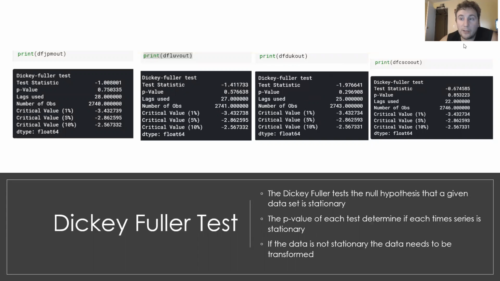But we've got Cisco Systems, JP Morgan Chase, and Southwest Airlines that all look like they are not stationary here, and we should probably do some adjusting to the data.